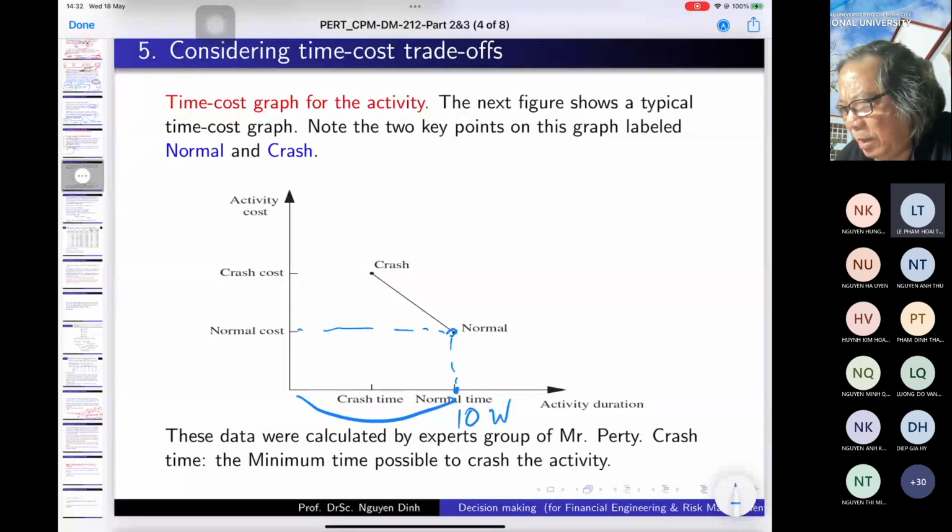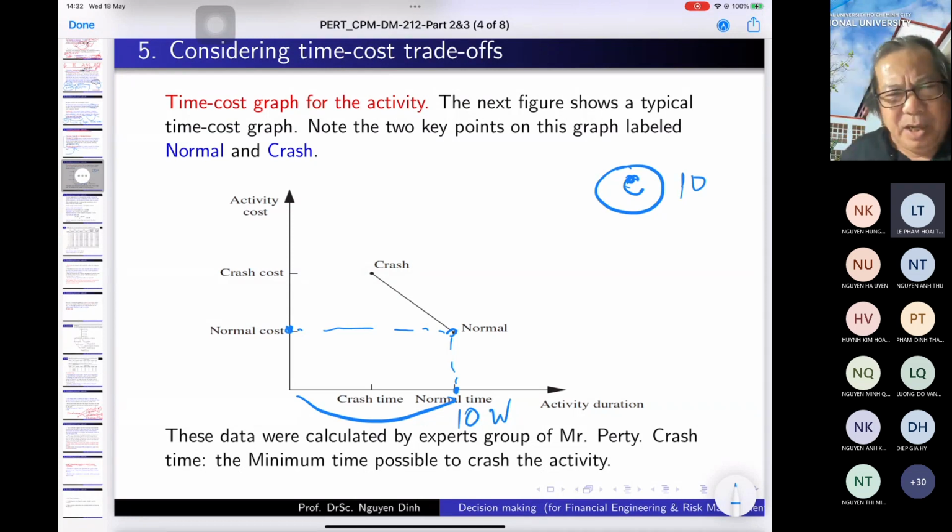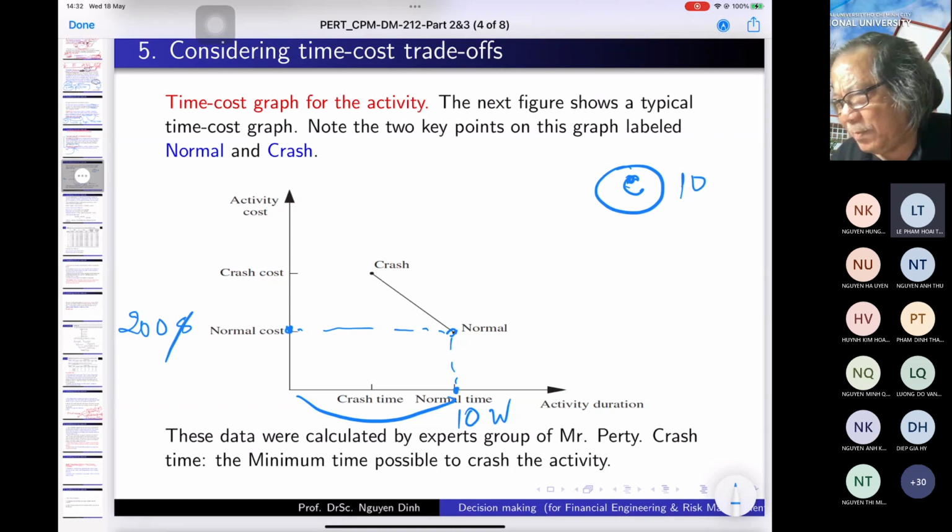And the normal cost, for example for node C, the normal time is 10 weeks, and the cost for realizing this is, for example, $200. In order to finish this, we need $200.